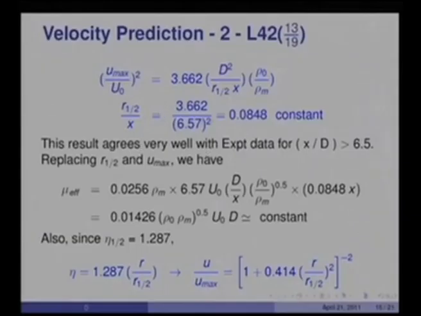This particular result agrees very well with experimental data when x by d is greater than 6.5, because in the initial range from just outside the mouth of the jet, the r half is largely governed by ellipticity, whereas we have used parabolic assumption.